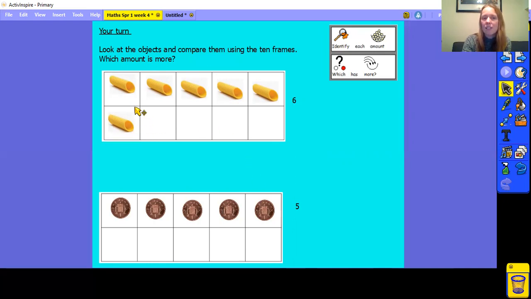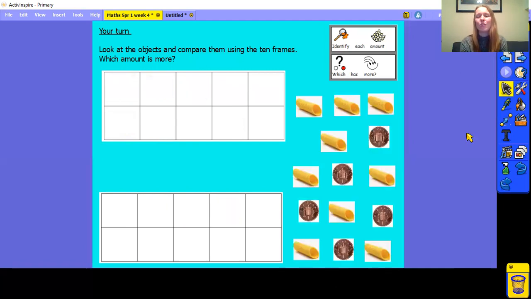Look, there is one piece of pasta on the bottom row, but there's no penny on the bottom row. That means this is the largest amount or the biggest amount. And 6 is more than 5. Can you say that? Well done, and well done if you got it right.